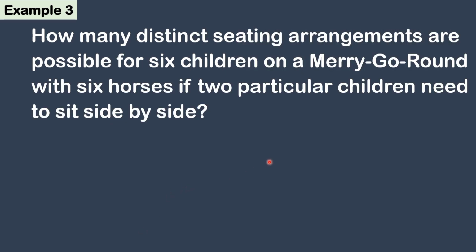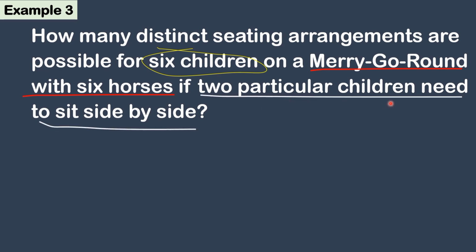Example 3. How many distinct seating arrangements are possible for 6 children on a merry-go-round with 6 horses if 2 particular children need to sit side by side? To determine the number of distinct seating arrangements, where 2 specific children must sit together, we consider the circular permutations with constraints.